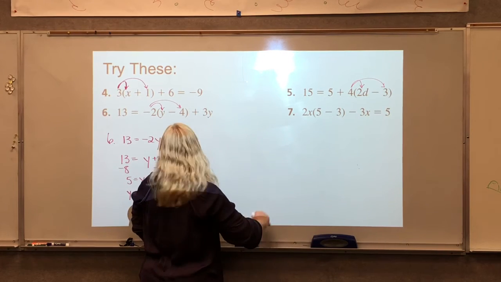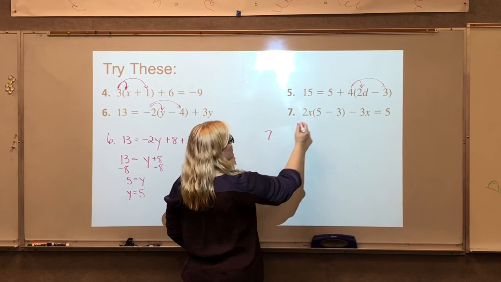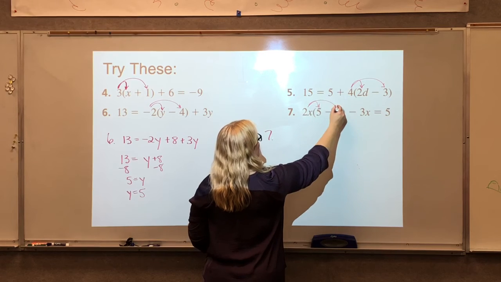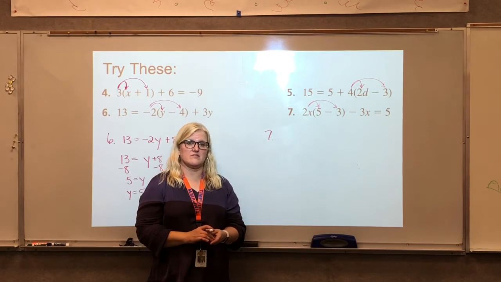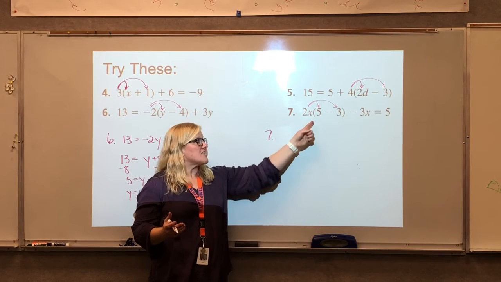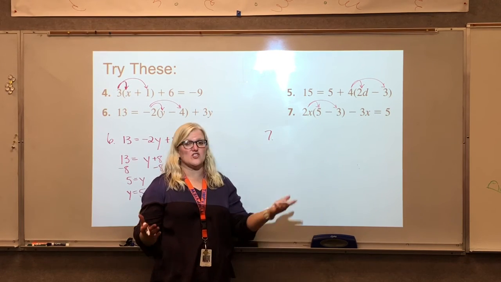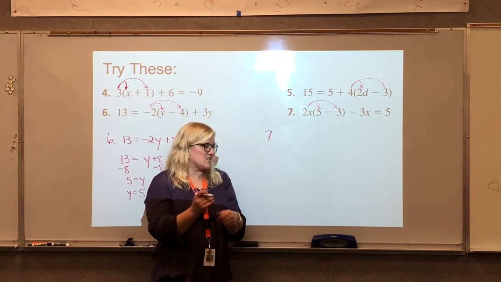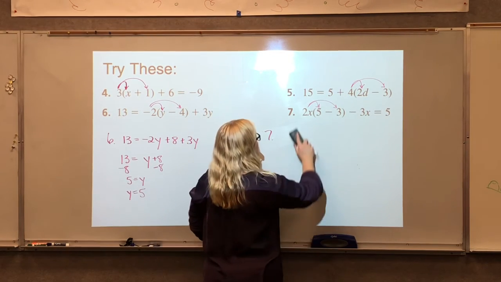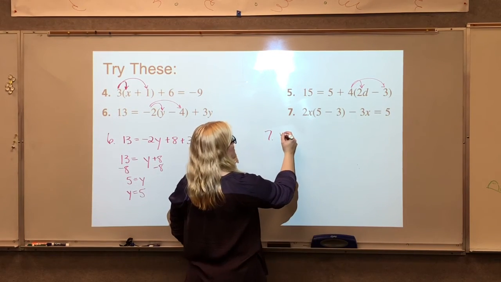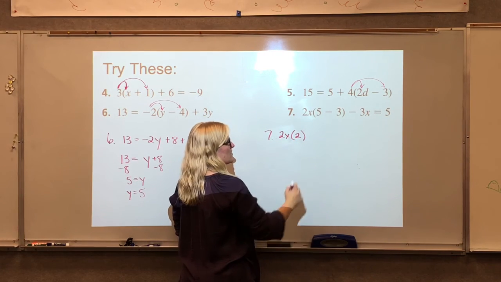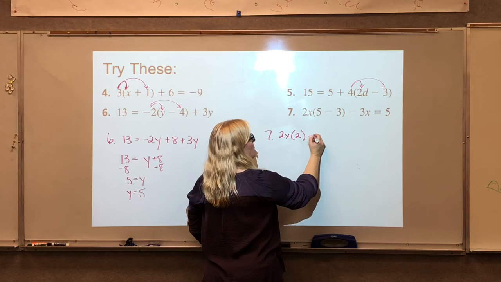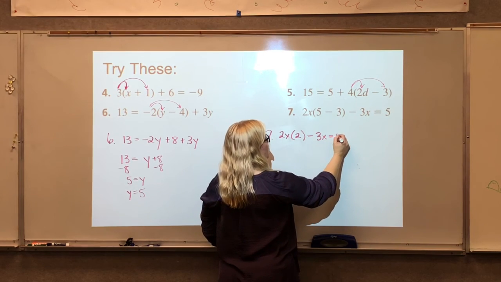Okay, number 7. Oh, this one's a little trickier. Well, first of all, do I need to distribute? I could. But I know that 5 minus 3 is 2, and I should do what's in parentheses first, right? So I can rewrite this as 2x times 2, that's this part right here, minus 3x equals 5.